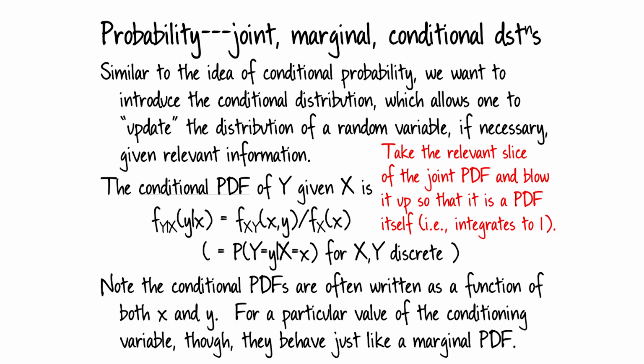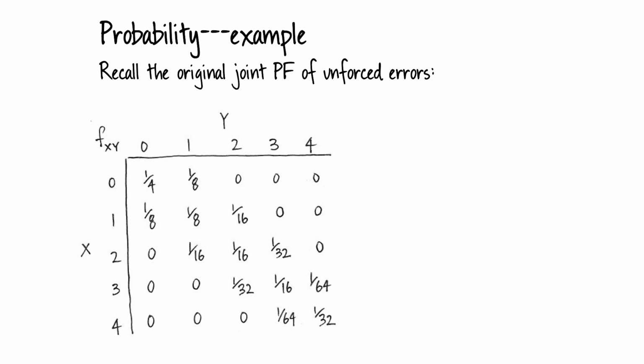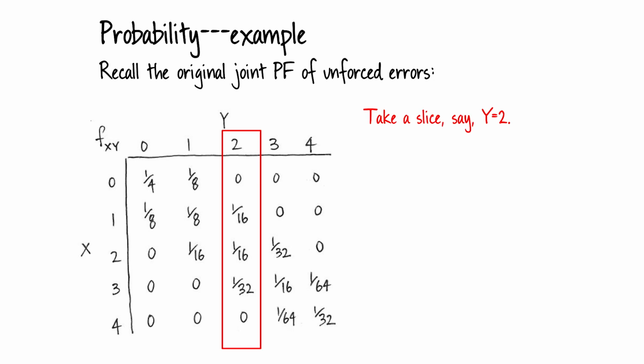So let's see some examples. Here's the now familiar original joint probability function of unforced errors. Let's take a slice of it. What do I mean by take a slice? I mean choose a particular value of y. Y is going to be our conditioning variable this time. So choose a particular value of y, say y equals 2.